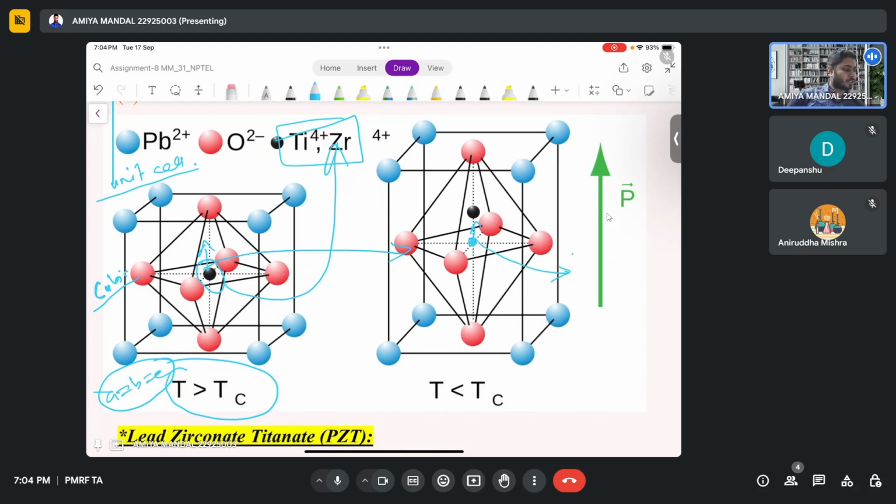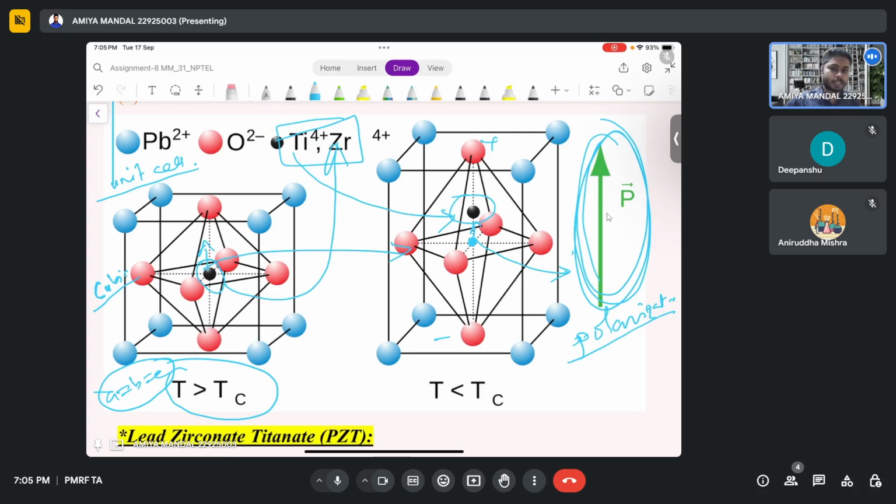This shifting of the titanium position generates polarization by accumulating charges at its surfaces. It generates polarization due to the shifting of the position of titanium or zirconium, at temperature T less than Tc. Here the cubic structure gets transformed into the tetragonal structure.